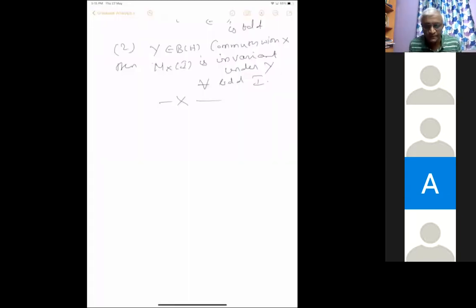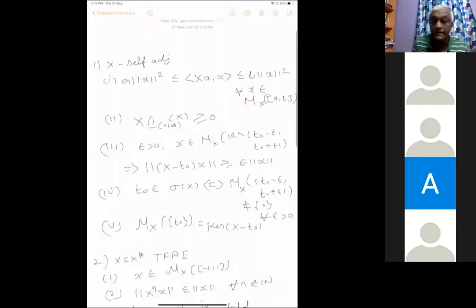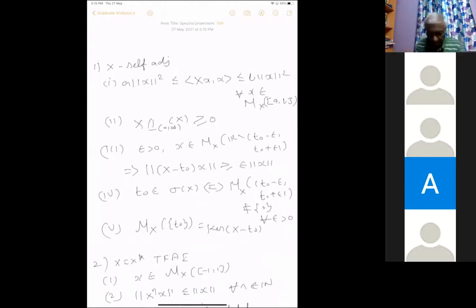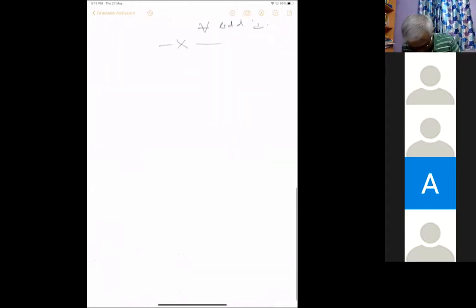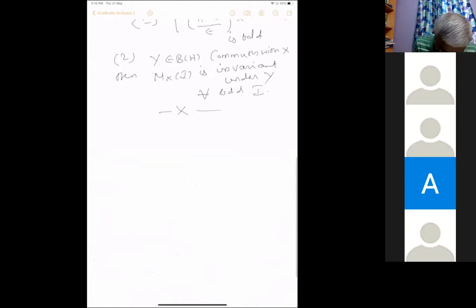Okay, so what we have been doing is the following. We started with a self-adjoint operator, so X is in B of H, self-adjoint.